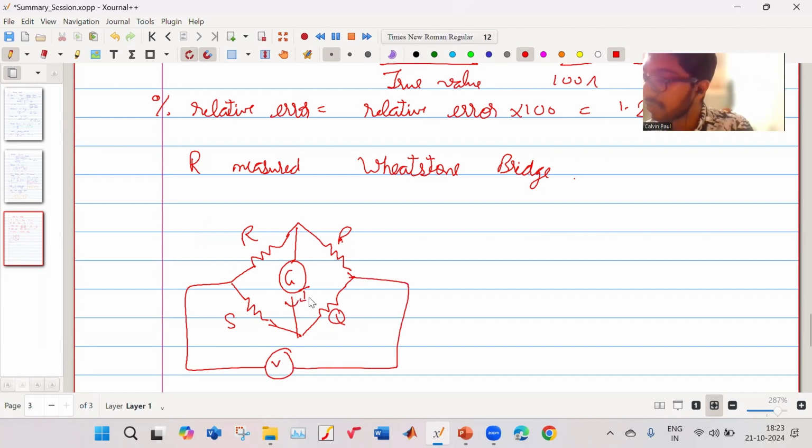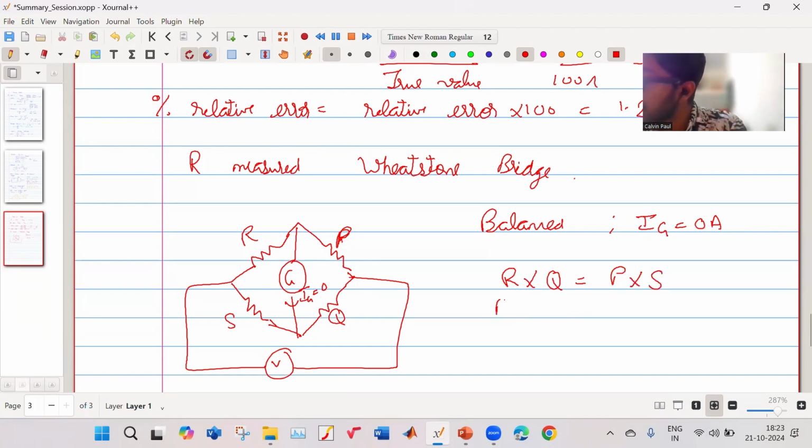The current to the galvanometer should be 0. Then the bridge is said to be balanced. In the balanced condition, the current to the galvanometer is 0 ampere, and R into Q is equal to P into S. So your R is given by P by Q into S. This is the value of R in terms of P, Q, and S. R is your unknown, and P, Q, and S you know.